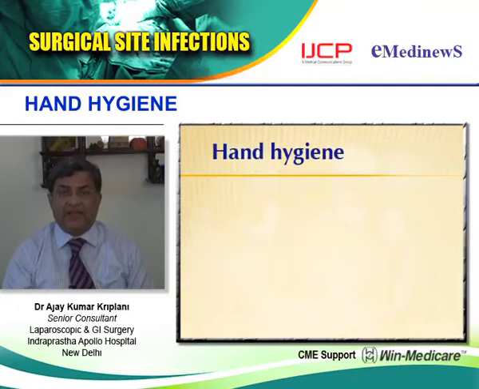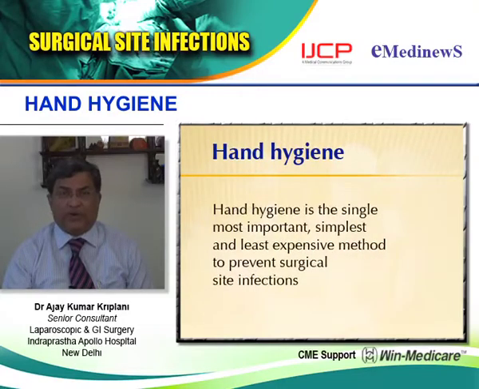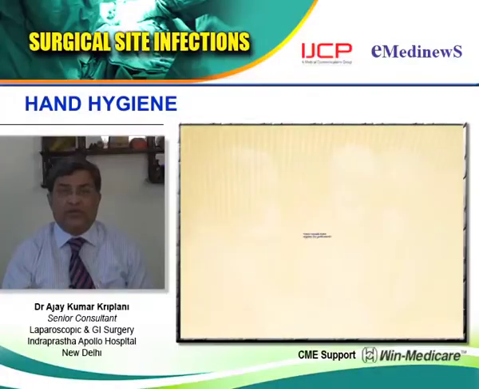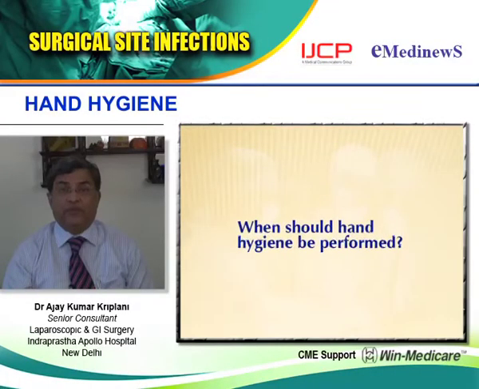Hand hygiene is the single most important, simplest and least expensive method to prevent surgical site infections. Proper hand hygiene interrupts the chain of infection and reduces the chances of transmission of the bacteria from the hands of a healthcare worker. So, when should hand hygiene be performed?